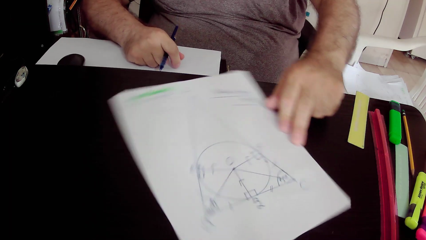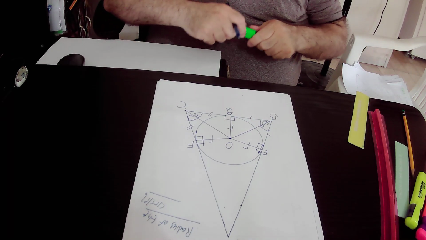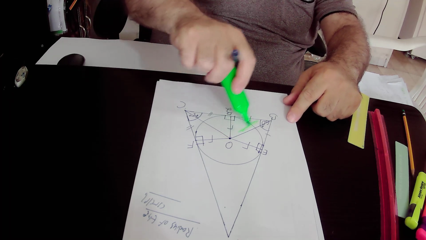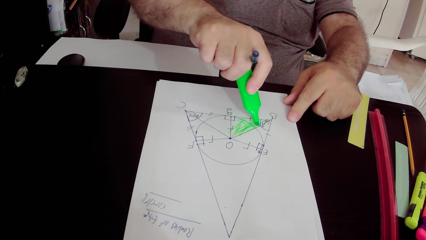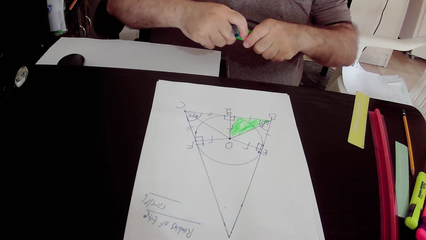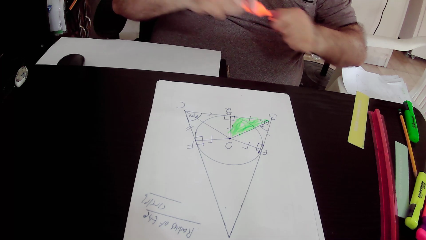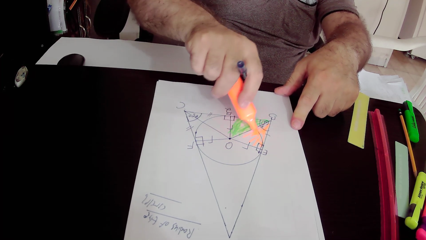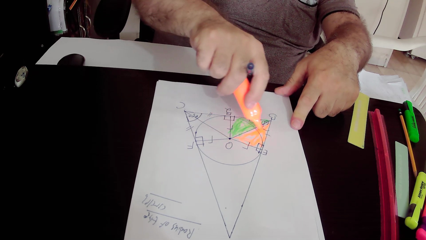Okay, so in the next step, we will prove that the green triangle BOD is congruent to the orange triangle EBO. So why is the green triangle congruent to the orange triangle?